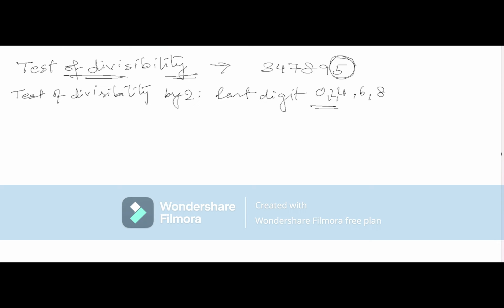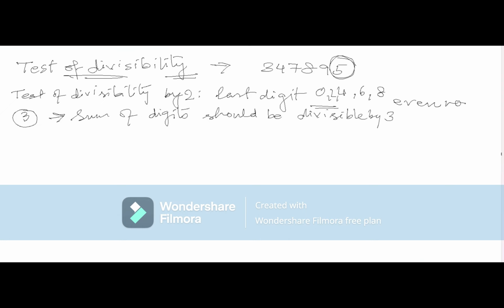So it has to be an even number. Now, the test of divisibility by 3: the sum of digits should be divisible by 3. You can make a note of this. Sum of digits should be divisible by 3.